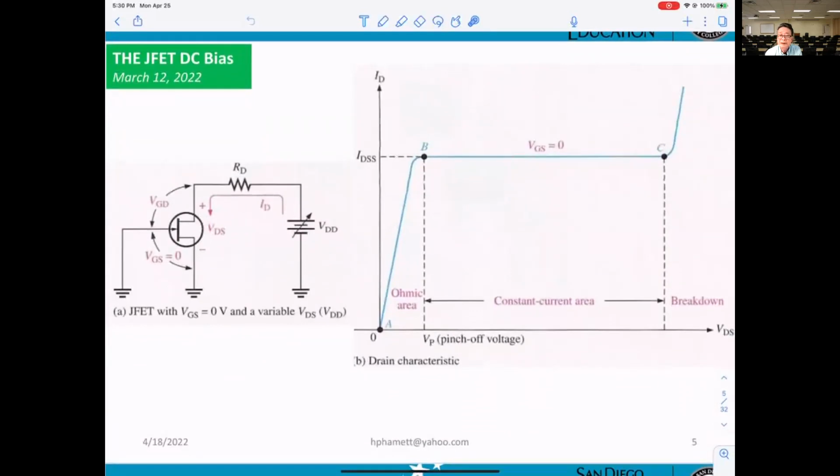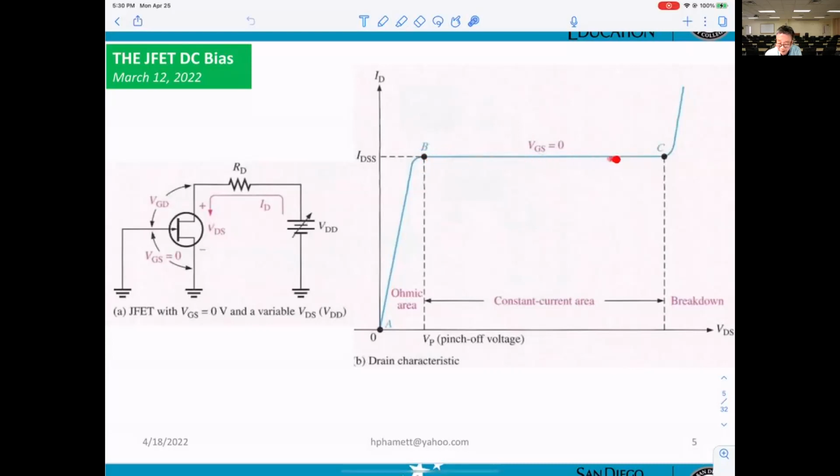Okay, and also try to understand this thing here for N channel. This is the point A right here, and this stands for the current ID. When the voltage VDS equals VP, going up, see here, the current ID will be constant.